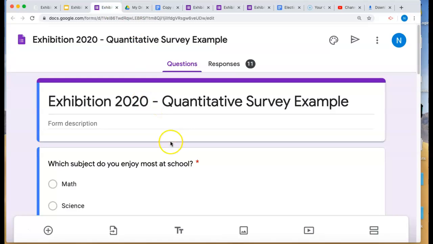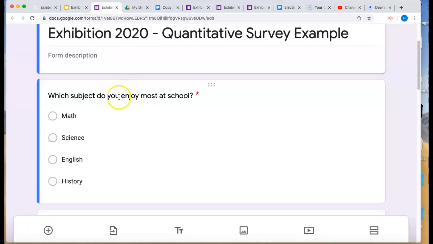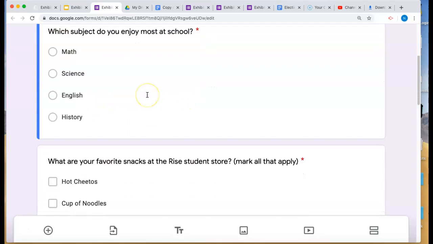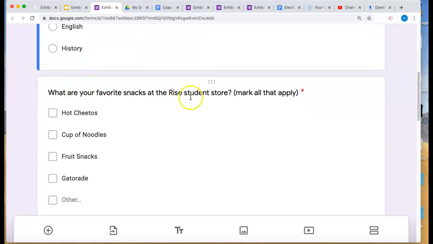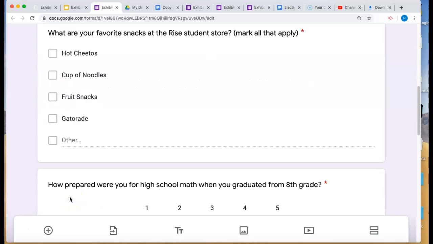So when you go to your survey, you will see your page gives you a tab that has questions and a tab that has responses. So remember, we formed different types of quantitative questions. So this was a structured response. We had a partially structured response where people were able to select more than one and also include their own.